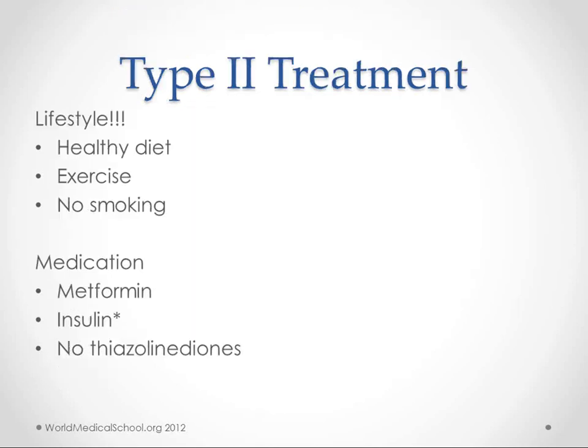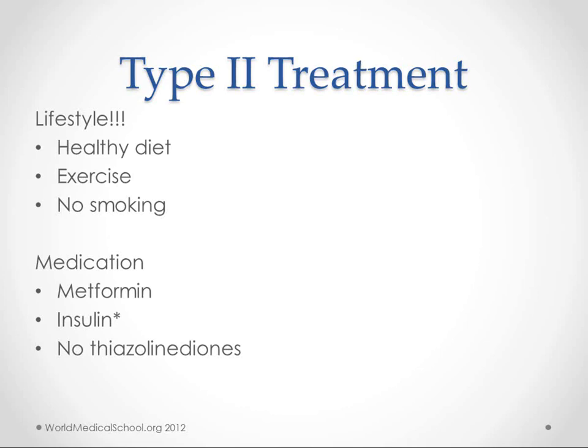So the treatment of type 2 for kids is all about the lifestyle. We can use medications, but this is a preventable disease. And these kids need to change their lifestyle, and more importantly, these parents need to change what they're doing, so the kids can get better.